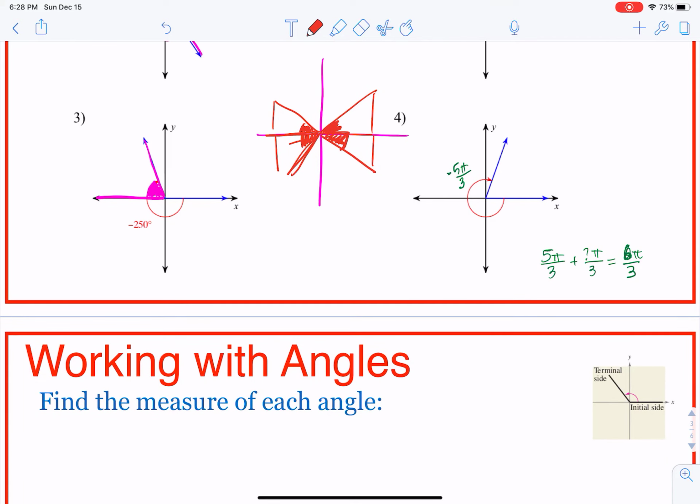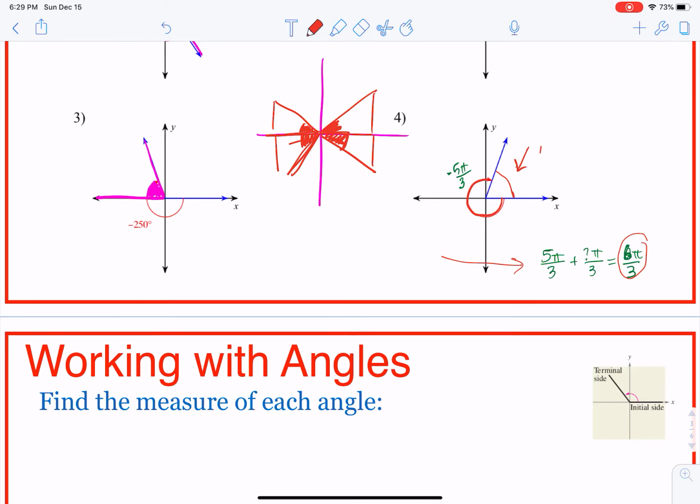So coming over here to number 4, to this last one, this is saying that to go from here to here, I'm going negative 5 pi over 3. I started to do this problem for you down here. To go all the way around the circle, it would be 2 pi or 6 pi over 3. So 5 pi over 3 plus something pi over 3 gets me to 6 pi over 3.